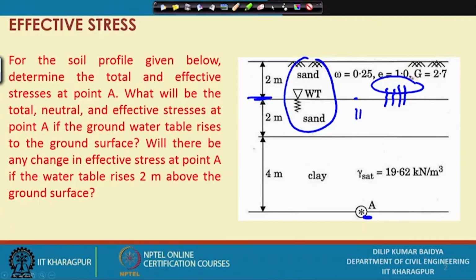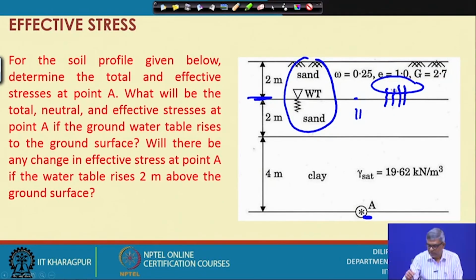So, here above the water table, what are the things given? E is given, and water content is also given. Since water content is given, it must be partly saturated, there is some amount of water. So, using that I will calculate the unit weight, that is the bulk unit weight.